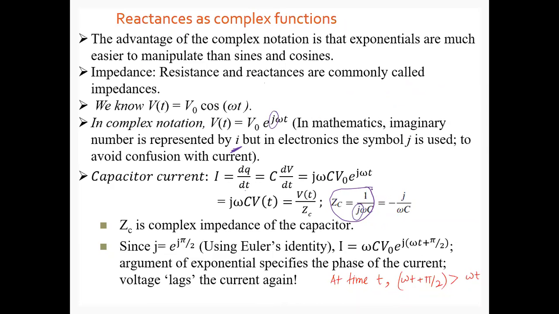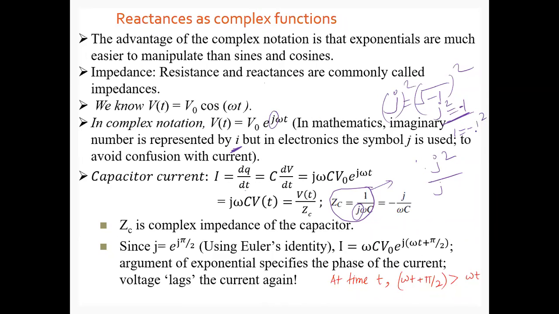So how do I rewrite that? What is j? j is the square root of -1. What is j square? j square is 1, okay? So this 1 can be written as j square on the top, then you have j omega C on the, oops, what did I do? Guys, I made a mistake here. j square is -1, because I square this guy, then j square would be -1, not 1. So this 1 can be written as minus j square.